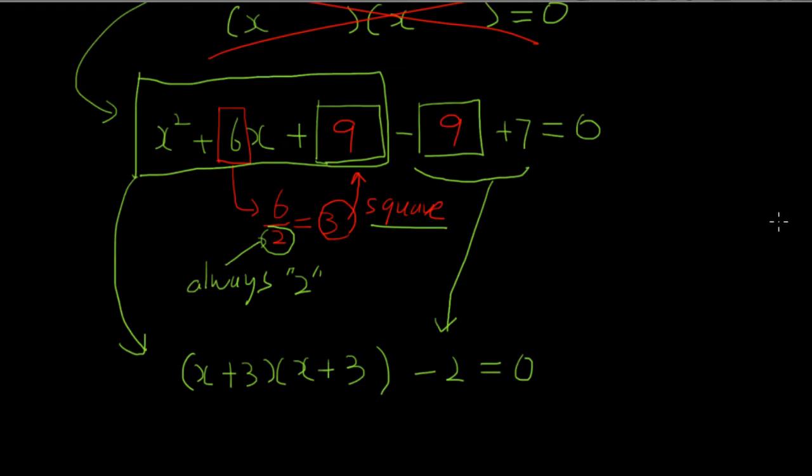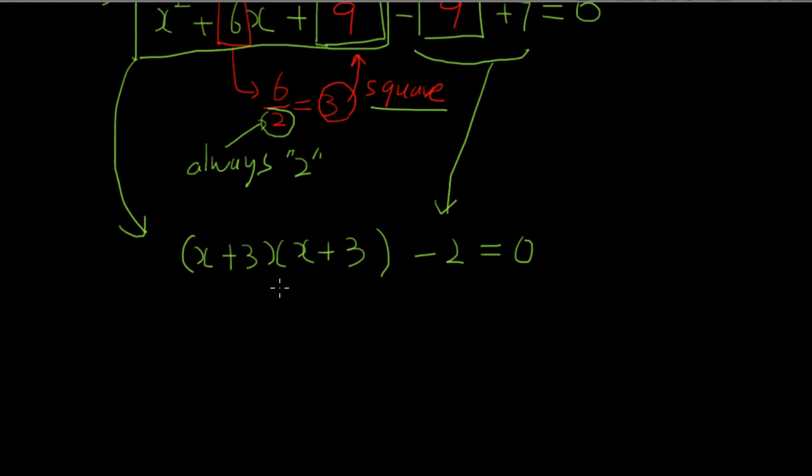All right. Now, we can slightly rewrite this as x plus 3 squared, and I'm going to move this negative to the other side, equals 2. Just like that. Right? All right. We are almost there. Now what do we do?